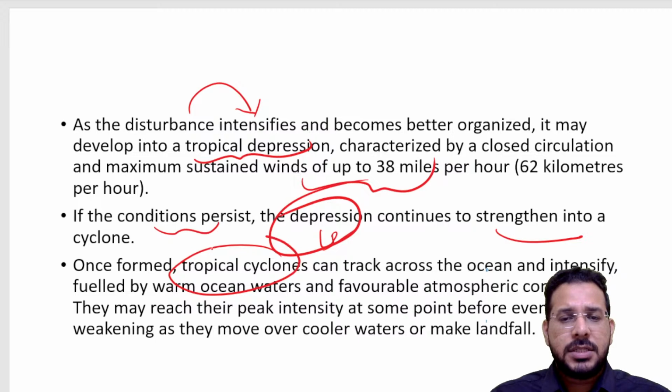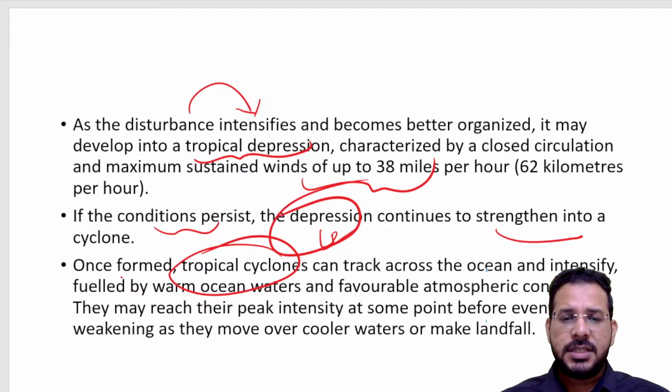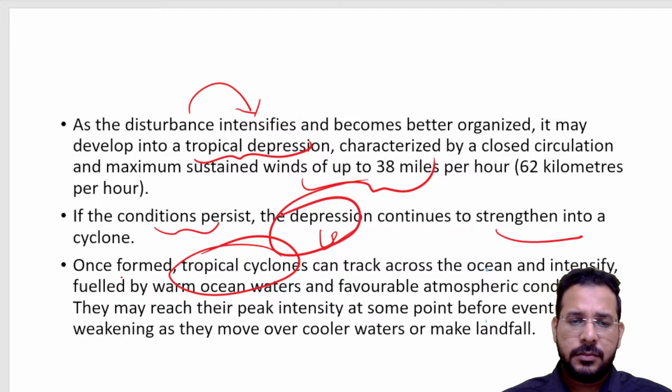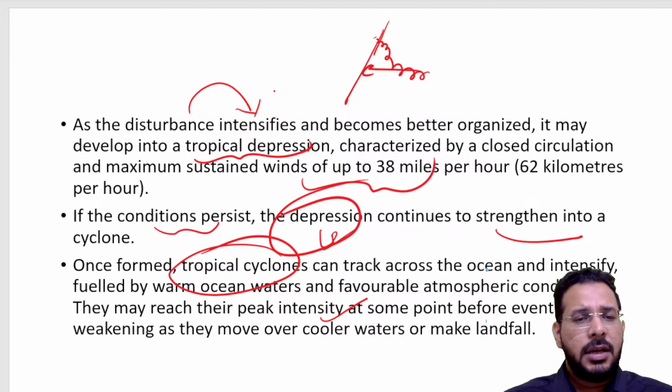Once a tropical cyclone is formed, it can move throughout the ocean and further intensify because of the warm waters of the ocean. It may reach its peak intensity at some point and eventually it will get weakened. Or when the cyclone hits a landform, then also it will end.